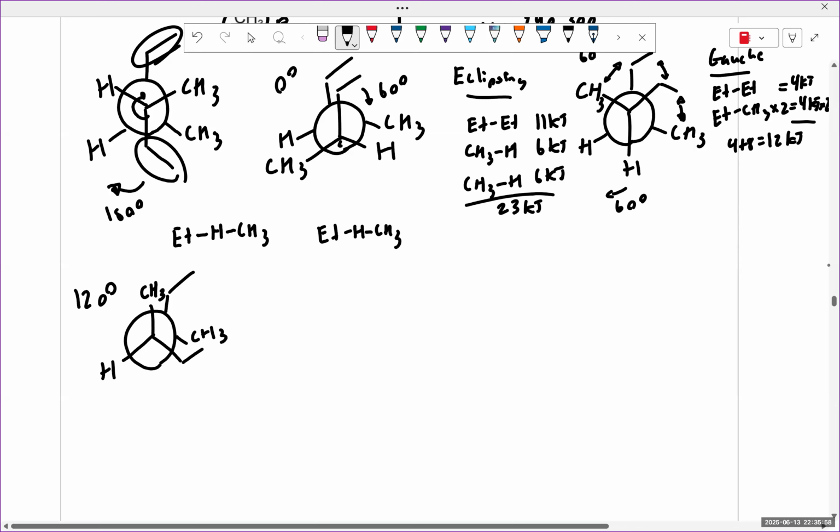We have that eclipsing interaction twice, and the hydrogens are eclipsing. So looking at the eclipsing interactions, we have a hydrogen-hydrogen eclipsing, which is 4 kilojoules, and a methyl-ethyl eclipsing, which is going to be about 11 kilojoules times 2, which gives us about 26 kilojoules of total strain.